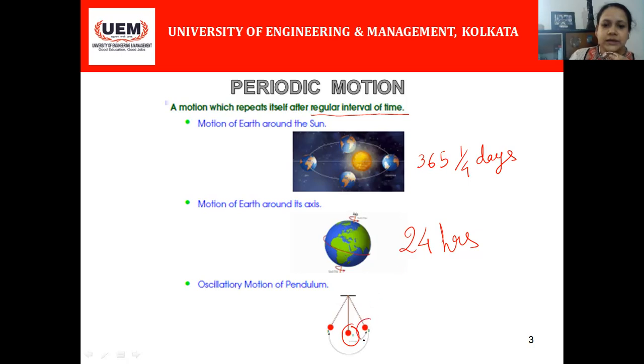Then it moves back to position 1 and then moves forward to another amplitude position, position 3. And this is how it continues its to and fro oscillatory motion. So this is a simple pendulum.